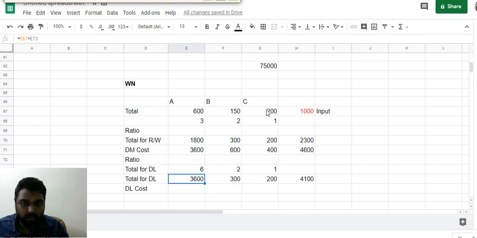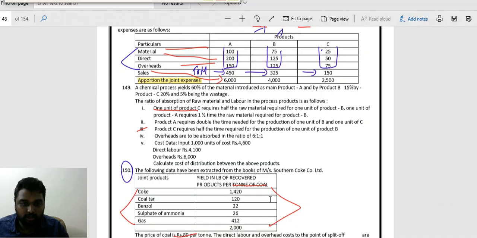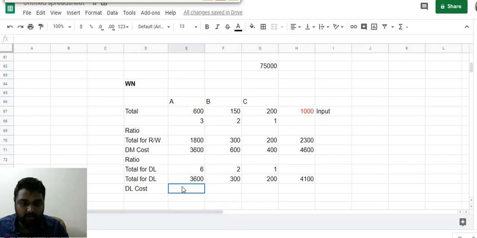So, labor cost also 4,100. So the same answer will come. You can counter check. Here we have to give the direct labor cost also 4,100.